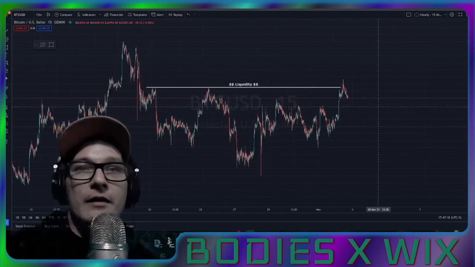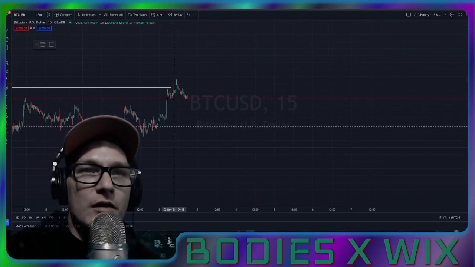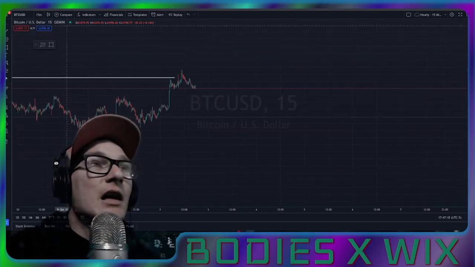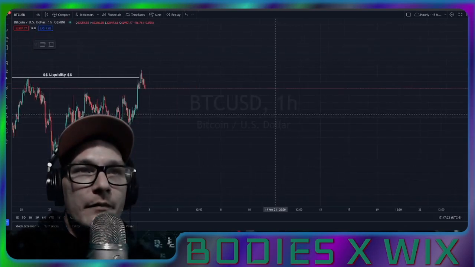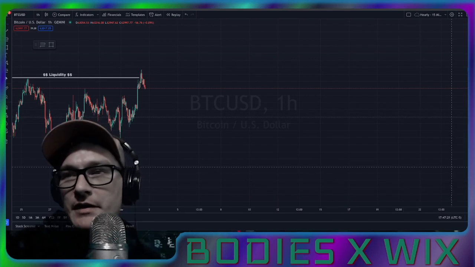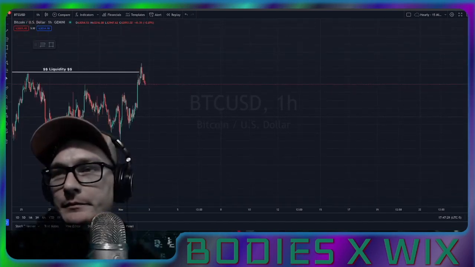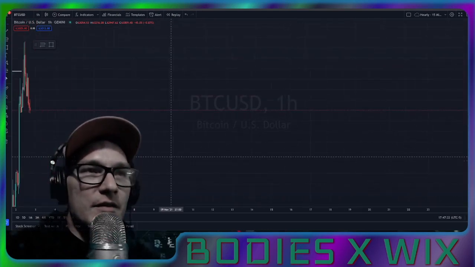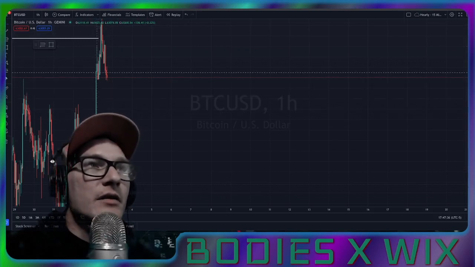Now, that being said, there is a very, very large 15-minute gap right here. I want to take a look at the 1 hour gap. I want to see if it's actually penetrated that gap. Looks like it is right now. No, it's already penetrated the gap.